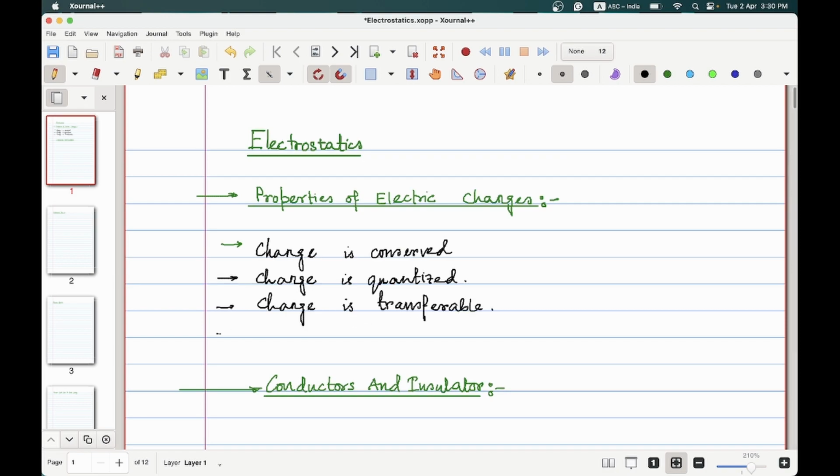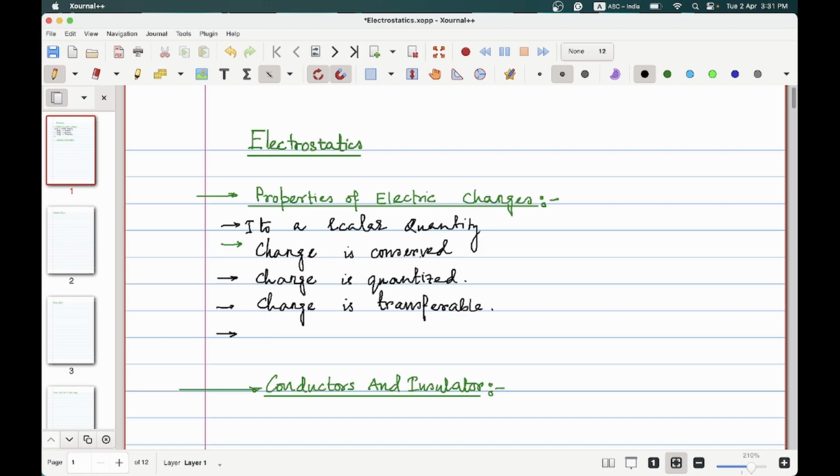It's a scalar quantity. So these are some basic features of a charged particle.